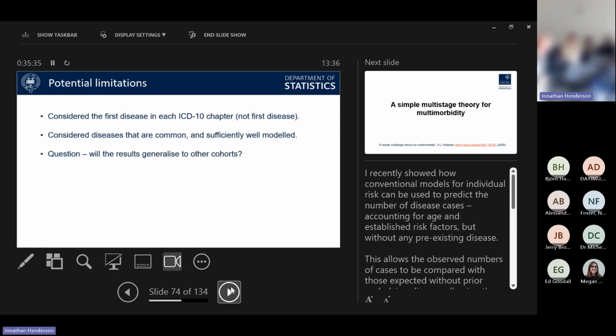I only considered diseases that were common enough and could be modelled sufficiently well with this parametric Weibull model. And the big question is, will these results generalize to other cohorts? This really needs to be addressed, but it has potential, quite a lot of value in terms of the applications going forward.